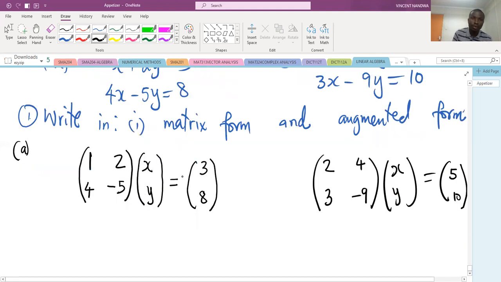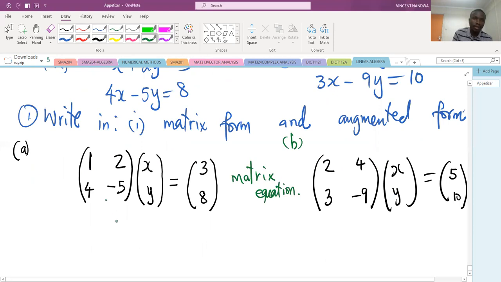So this is what I've written here for A and B. This is what we call the matrix equation from the systems of linear equations.